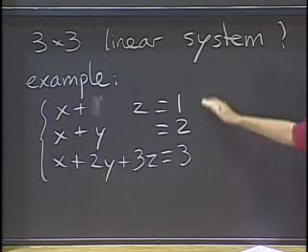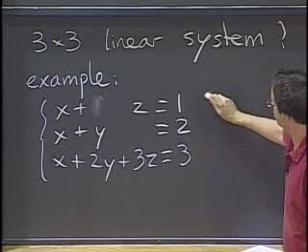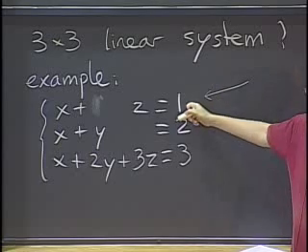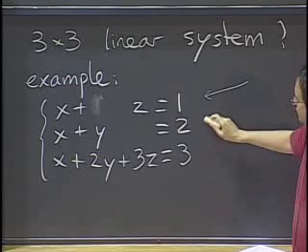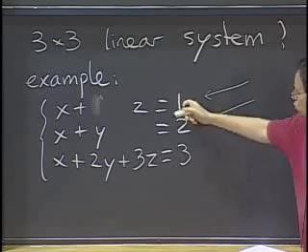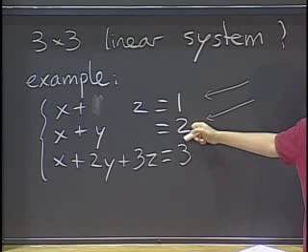So let's just look at the first equation first. The first equation says our point should be on the plane which has this equation. Then the second equation says our point should also be on this plane.